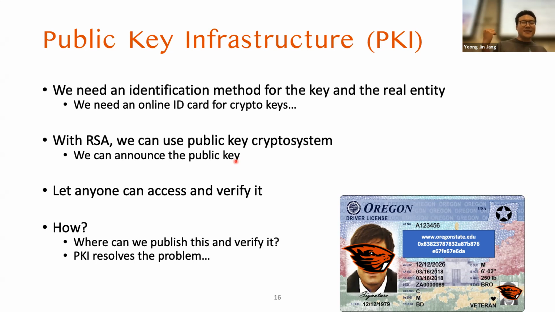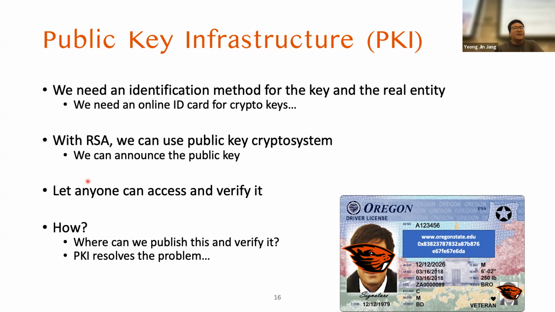And the same thing happens on the internet. Conceptually, we need this kind of ID checking and an ID-issuing authority, and we built that under the name of public key infrastructure. This PKI came out after the RSA encryption algorithm, because RSA was the first public key cryptography that supports the digital signature scheme.